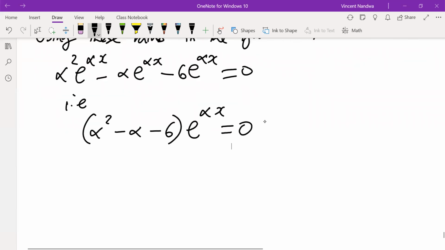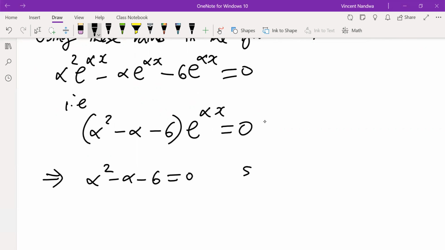Now, this implies alpha squared minus alpha minus 6 equals 0, since the exponential part can never be 0.